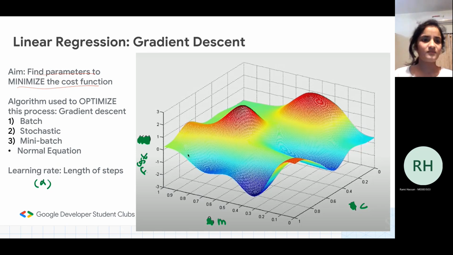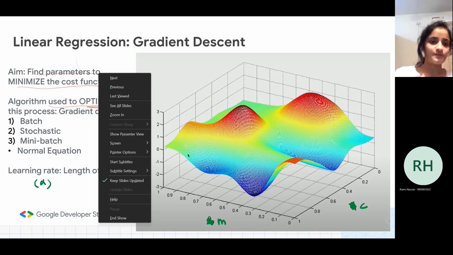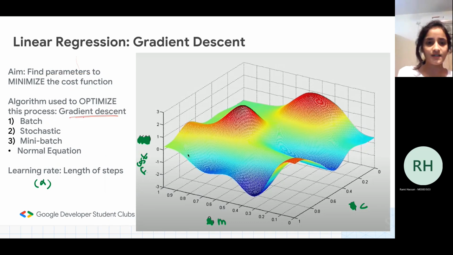Now there are a couple of algorithms or techniques that we use to do this. The dictionary definition of optimize is just changing for better efficiency. So we're changing the line to make it more efficient, to make it do its job. We're going to see two algorithms, gradient descent and normal equation.